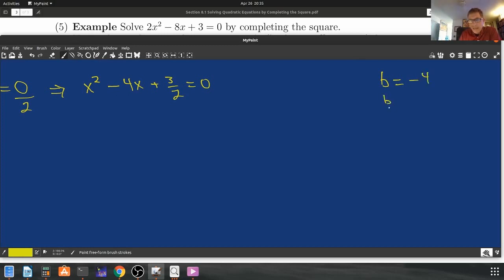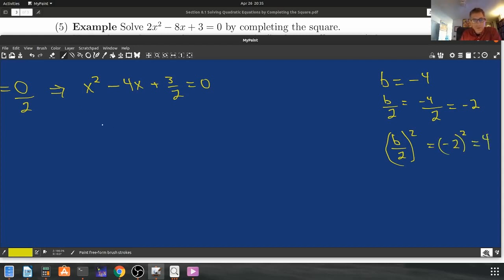So b halves is equal to minus 4 divided by 2, which is equal to minus 2. And then finally, b halves squared is equal to minus 2 squared, which is 4. That's always going to be a positive.